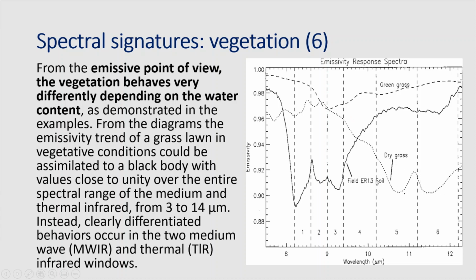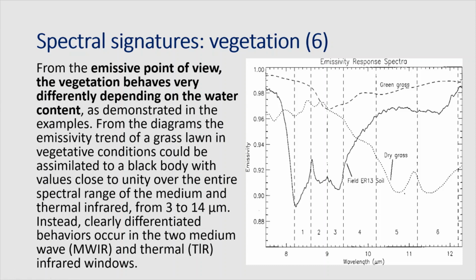And this is very important because if we take into consideration the emissivity, how much energy is emitted by green grass and dry grass, we can think about the possibility to separate them in the thermal infrared, because we are talking about emission. For example, we can distinguish between green grass and dry grass. And why is this so important?